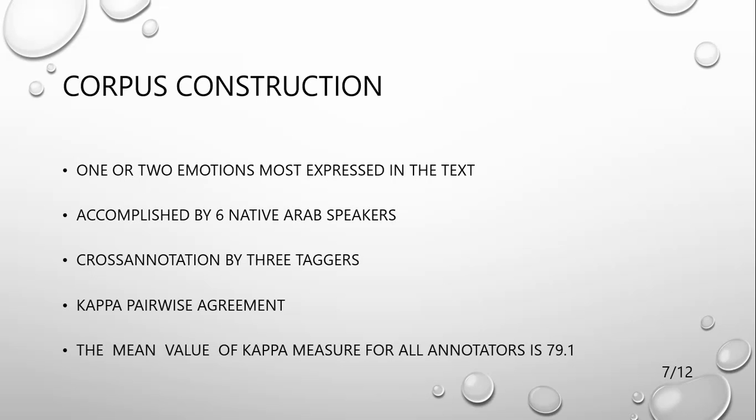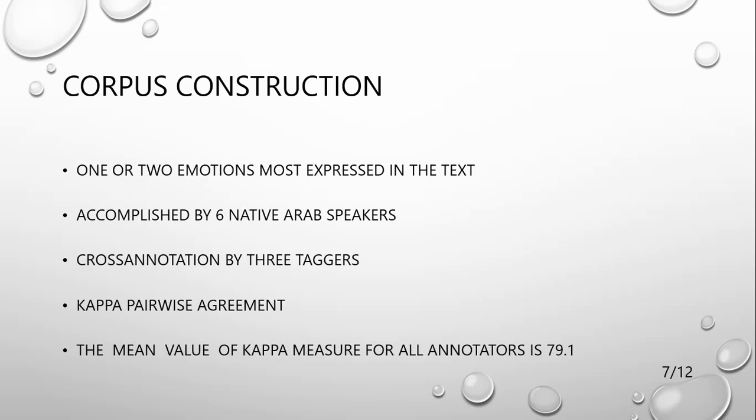The final label of an entry was those labels annotated by at least 2 taggers. In cases where the tweets were ambiguous and annotations had no intersections among the 3 taggers' annotation sets, a 4th tagger evaluated and re-annotated the tweet's emotions.